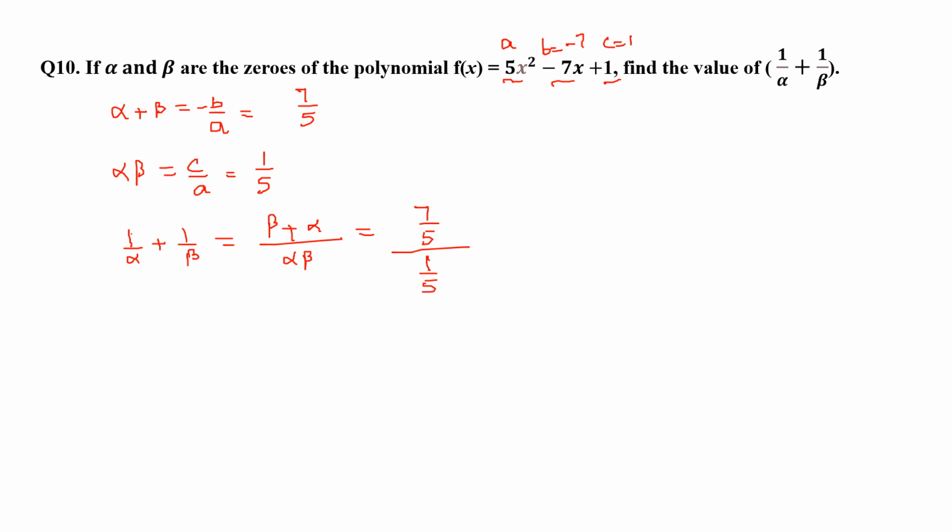Now see, whenever you see the question is in fraction, okay, better you write in this division form. It will be easy for you to do the calculation. Now 7 by 5, division changes to multiplication, 5 by 1. So the answer is 7. See, this division line I have changed here. Okay, so like this it is quite easy to solve these types of questions.